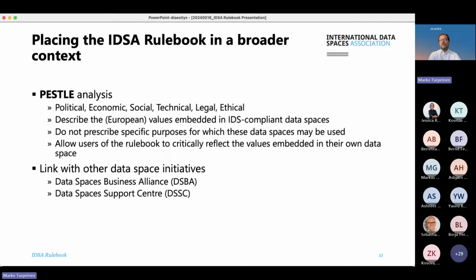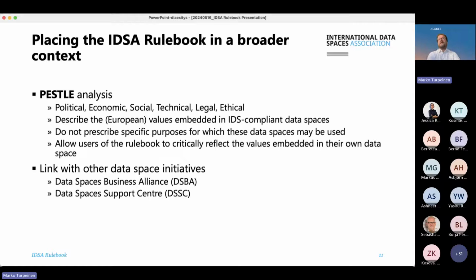It has a broader view as well, looking not only at the business side, the legal side, or the technical side. There is a bit of a discussion on how this lands in the broader global setting. On the other hand, the value base and some of the ideas on good principles, for example ethical principles, do come a lot from the fact that the main body of IDSA members are from Europe, and I think it's reflected.